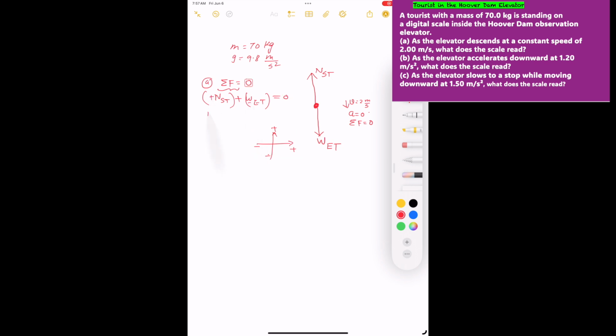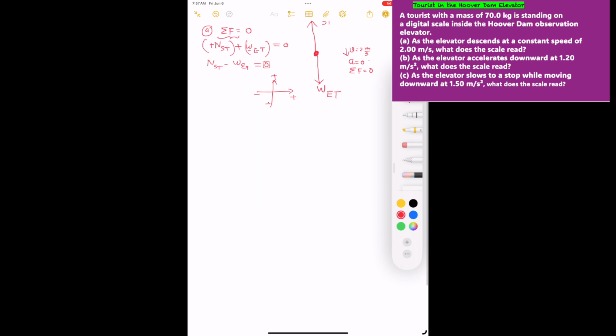So we can write the normal force minus the weight force is equal to 0. This can be written as normal force is equal to the weight force, and the weight force is equal to the mass times the acceleration due to gravity.